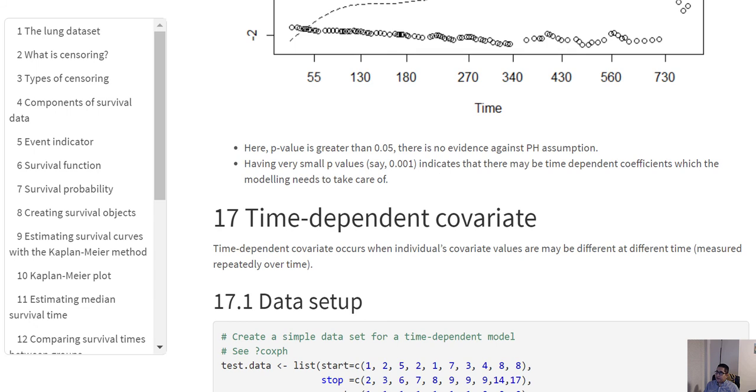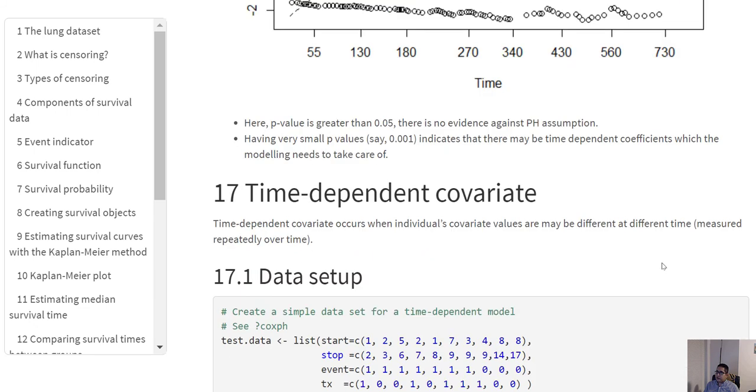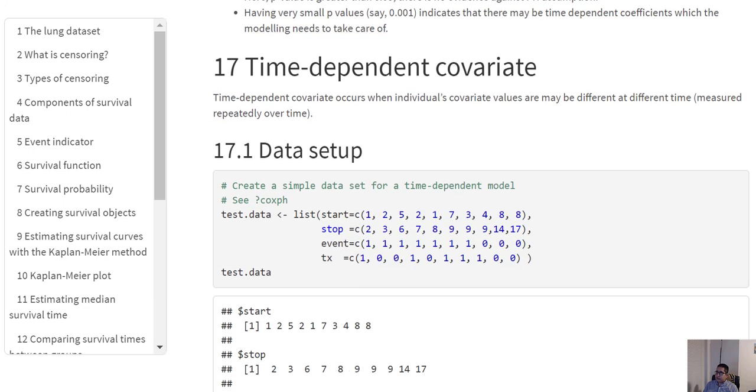Alright, if the proportionality assumption was violated, one of the ways we can deal with the non-proportionality is the stratification that we have discussed in the original lecture. But there is another way, where we can use a time-dependent covariate in the Cox model.